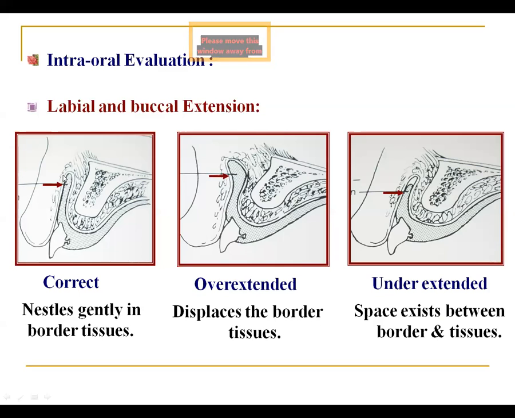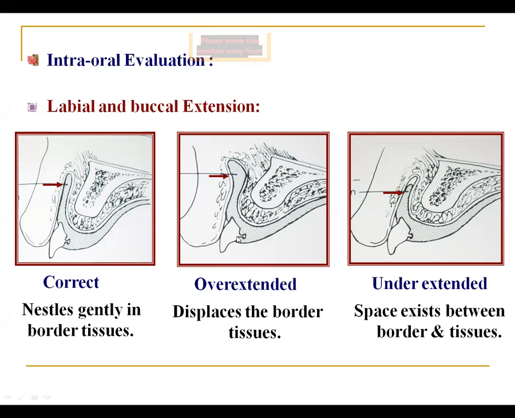See, this is the proper width, and this is the mucous membrane. Oral mucous membrane has elasticity. Due to the elastic nature of oral mucous membrane, if borders are overextended, initially the patient will not complain, but afterwards he will also notice. But you have to look for the overextension.